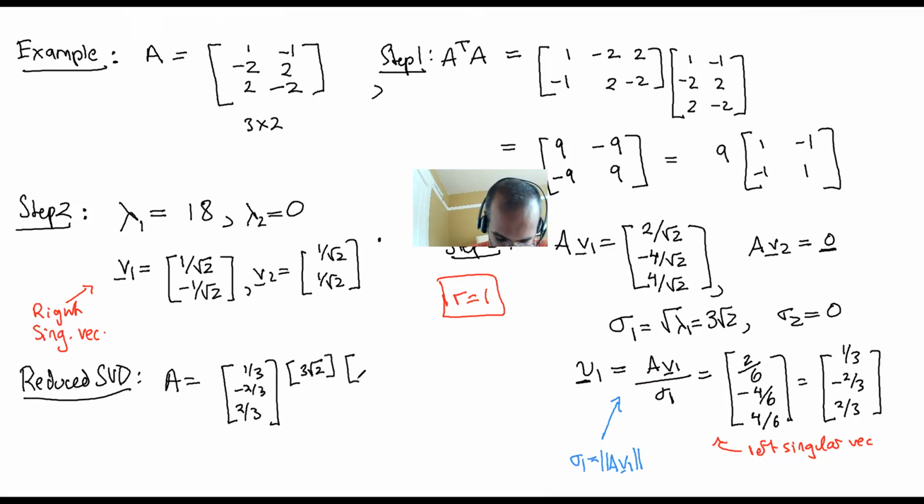And V transpose is just a 1-by-2 matrix, in this case containing V1 transpose. In this case, it's very simple, there's only one term. So this is U, this is sigma hat, this is V transpose.